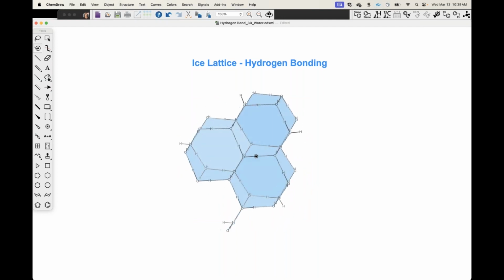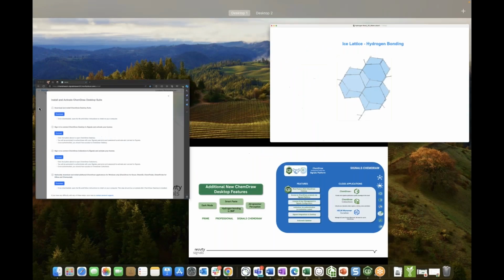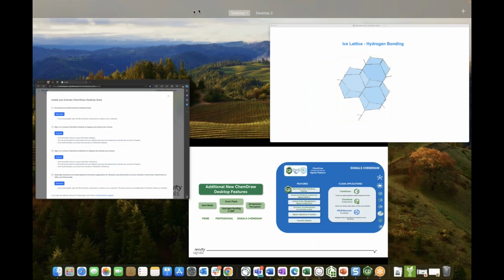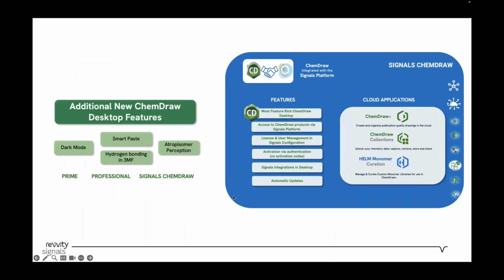So I'm going to go ahead and copy this ice lattice in 3MF. And I'm going to come back to my PowerPoint presentation and paste in my 3MF and show it to you. Let's see.